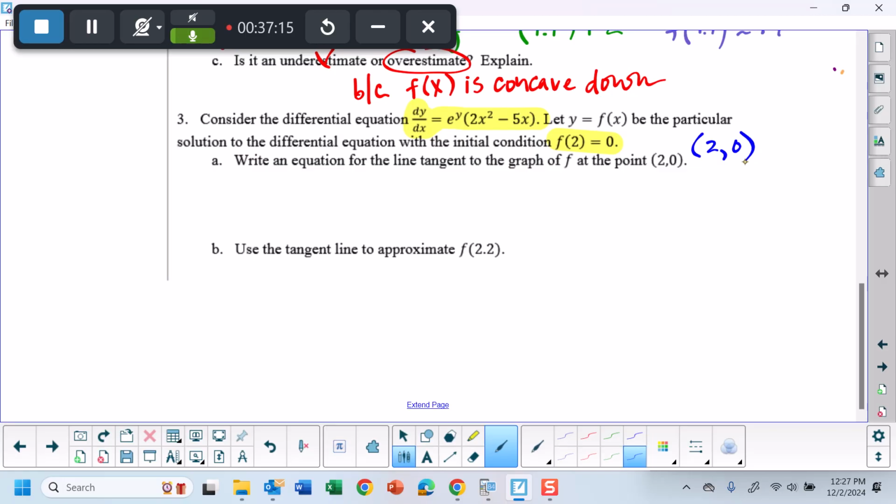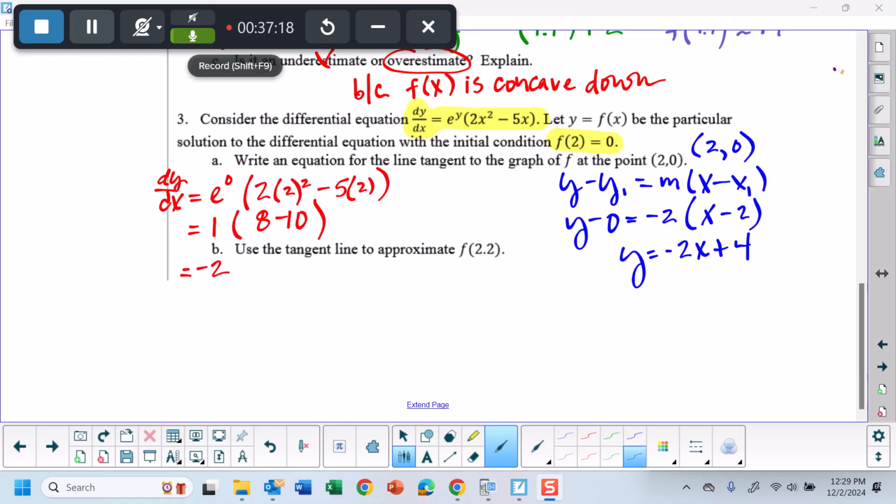Go. Okay. So if they give me dy dx and they want me to find the slope of the tangent line, that's the instantaneous rate of change. So all I need to do is plug in those input and output values. So I have e to the 0 because in my equation it's e to the y.